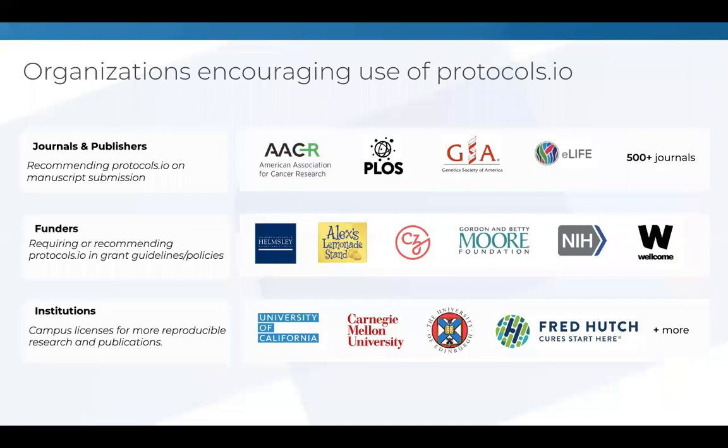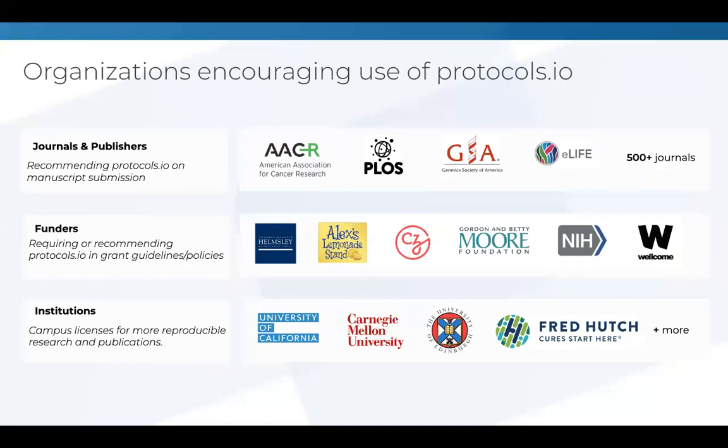And I want to finish this part with just saying that there's a growing number of organizations encouraging the use of protocols.io. There are more than 500 journals now that added us to their author guidelines and recommend protocols.io to the authors for their manuscript submission.